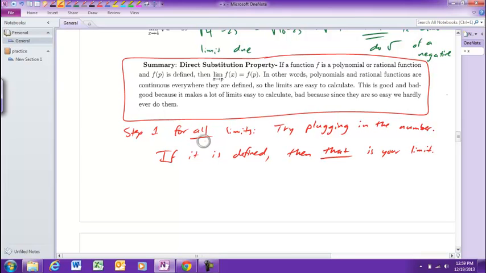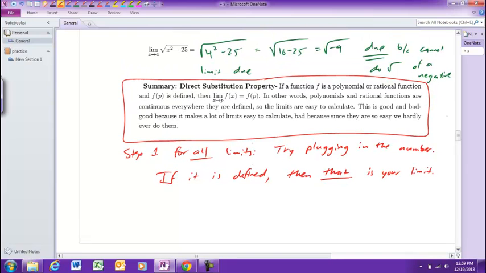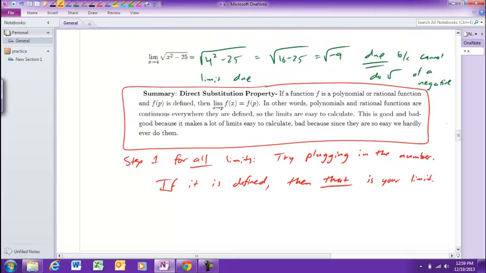And this is true for all functions that are very straightforward functions like these. It can get a little more confusing if you have piecewise functions, and we'll talk more about those later.